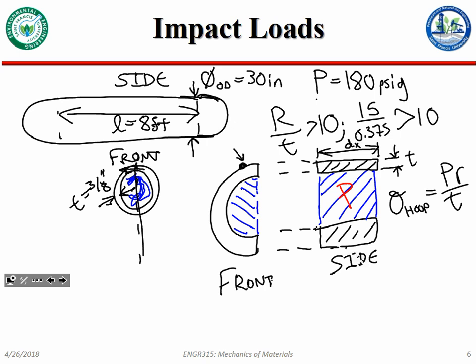What's the gauge pressure of atmospheric conditions? Gauge pressure, not absolute. Zero, right? Because gauge pressure is absolute minus atmospheric. That's the definition of gauge pressure.